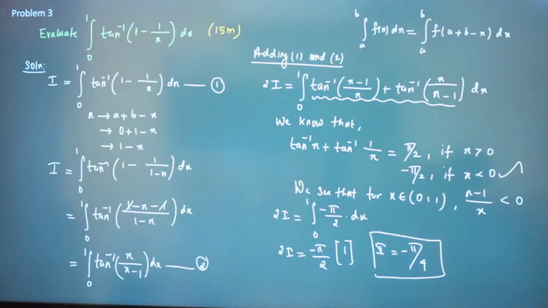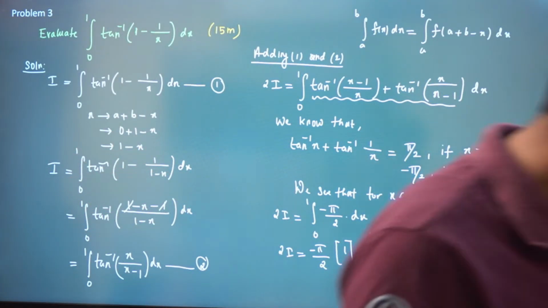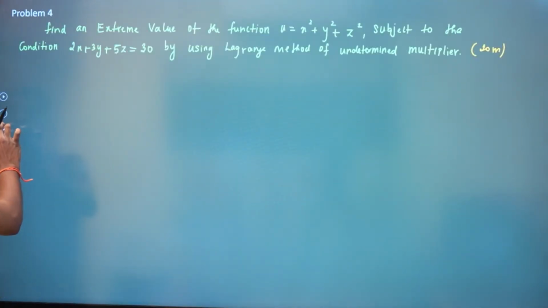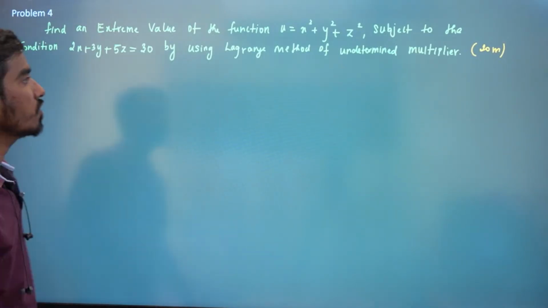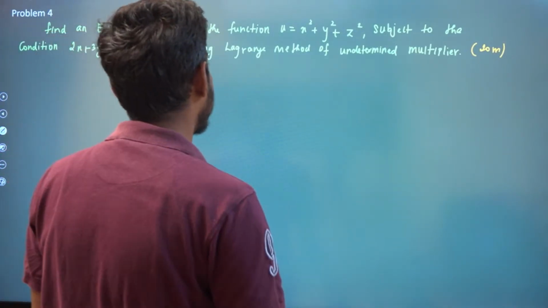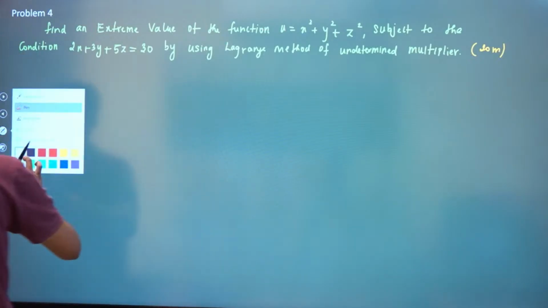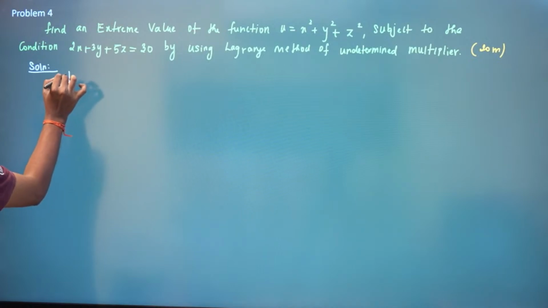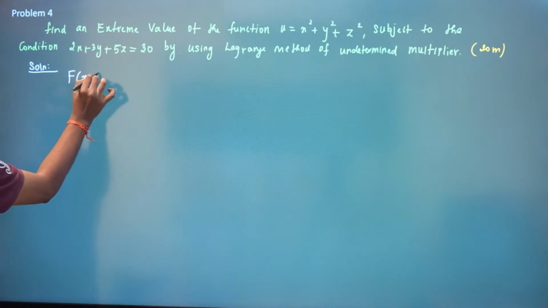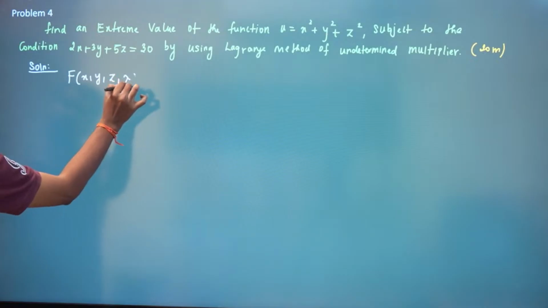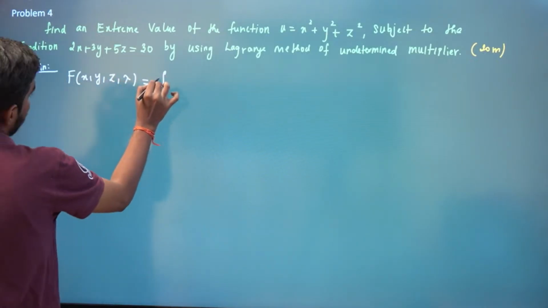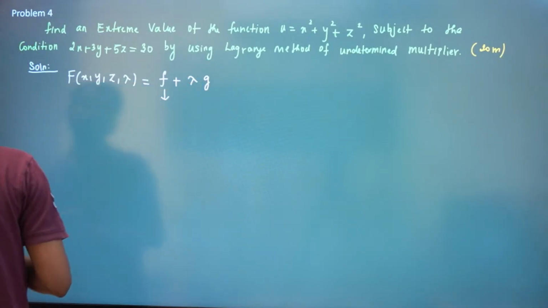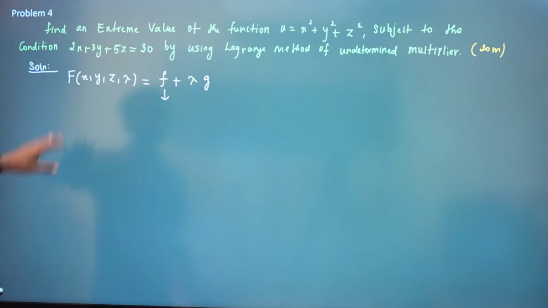So, now we'll move on to the next one. Find the extreme value of the function x square plus y square plus z square subject to this condition. So, again Lagrange's method of undetermined multiplier. So what you have to do is, this is your objective function. Our Lagrange function of x, y, lambda is given by objective function f plus lambda g, and this is a Lagrange's equation.